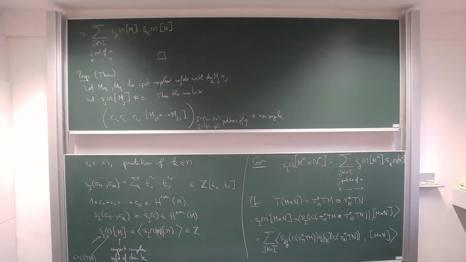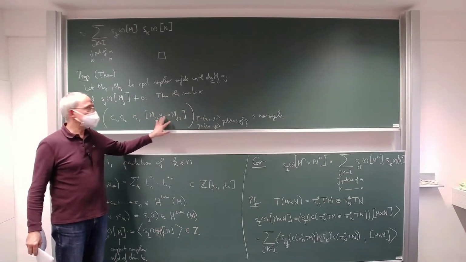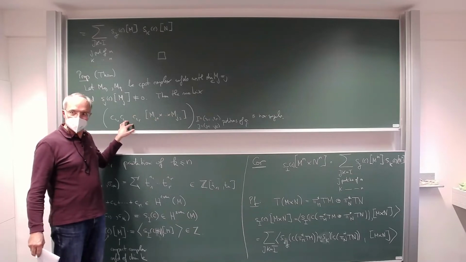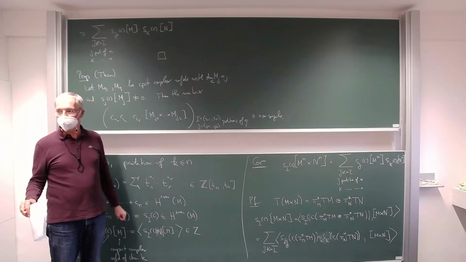So we are looking at all kinds of products here as manifolds and all kinds of their Chern numbers, and we write this in the matrix, and I'm claiming this matrix is non-singular.